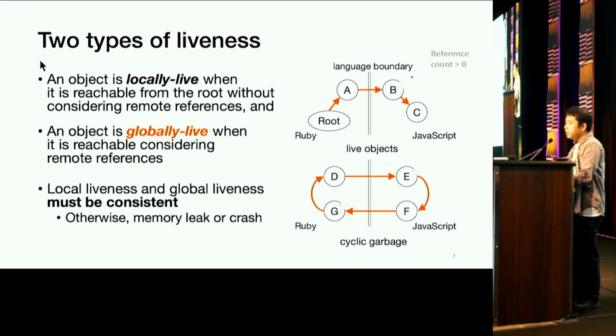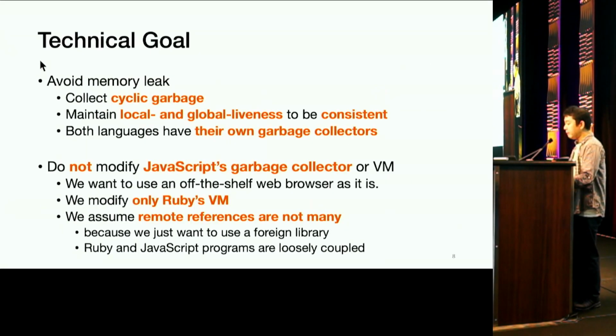Similarly, an object is globally live when it is reachable considering remote references. It considers these orange references. Local liveness and global liveness must be consistent, otherwise a memory leak occurs or the VM crashes. This is our technical goal. To avoid memory leaks, we must collect cyclic garbage.